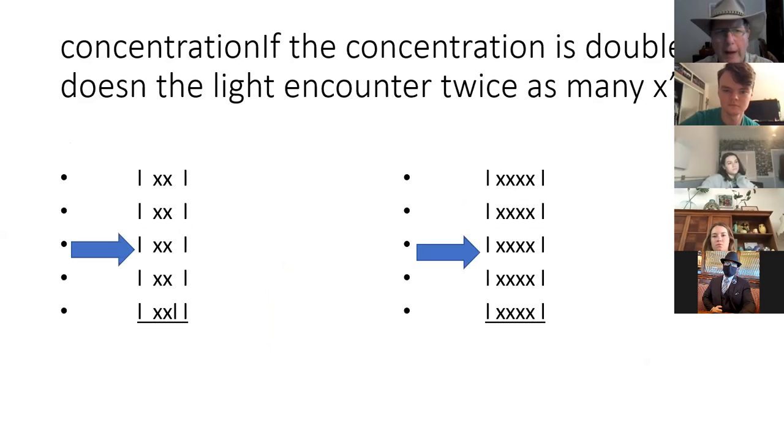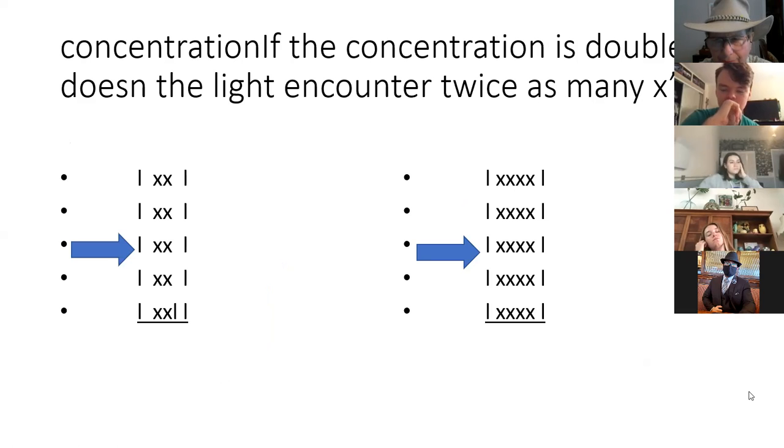Path length also matters, and it makes sense if you really think about it. If I double the path length, isn't the light going to see twice as many molecules? Does that make sense, guys? Gaith, you with me? Does that make sense to you, Gaith?